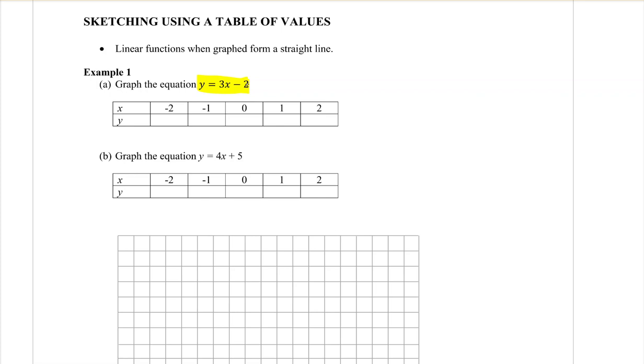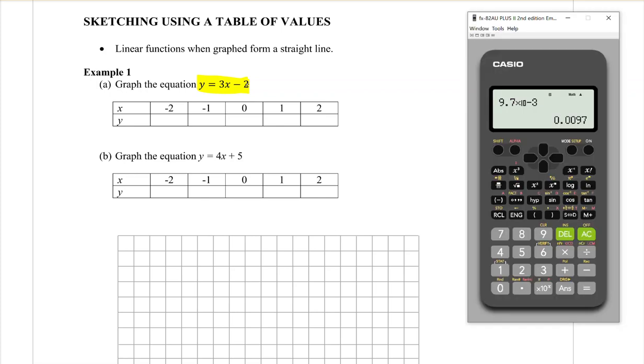So on your calculator, we need to type in 3 times minus 2, minus 2 more. Press equals. So this is 3x minus 2, and I got the answer of minus 8.